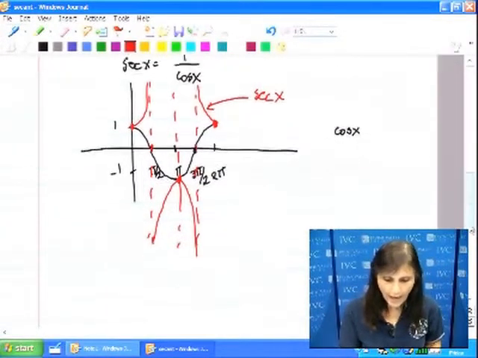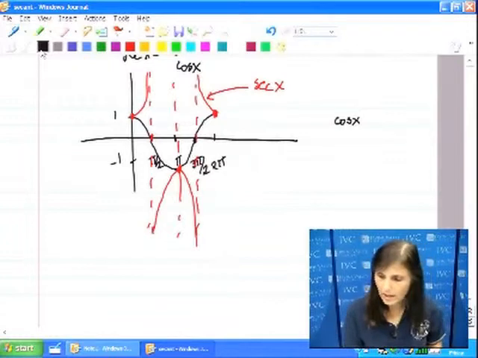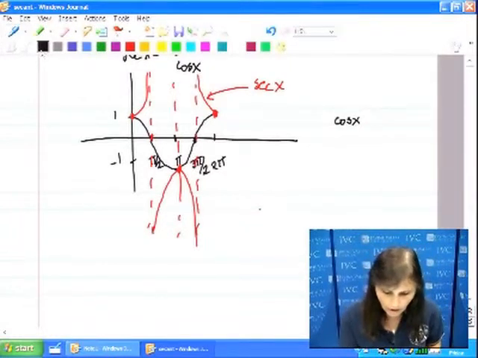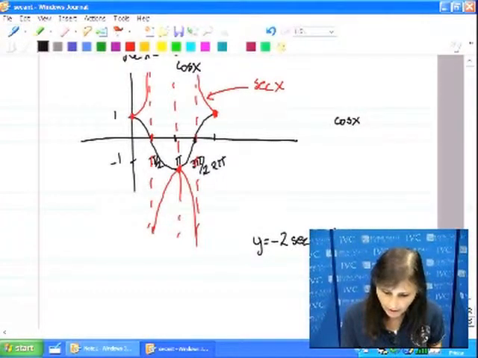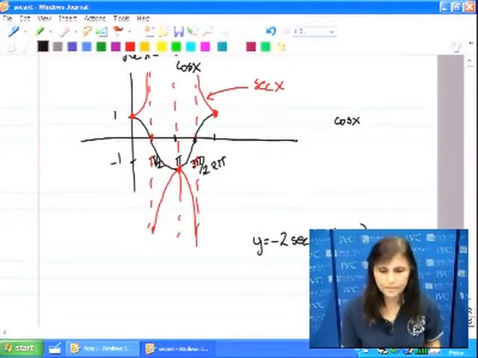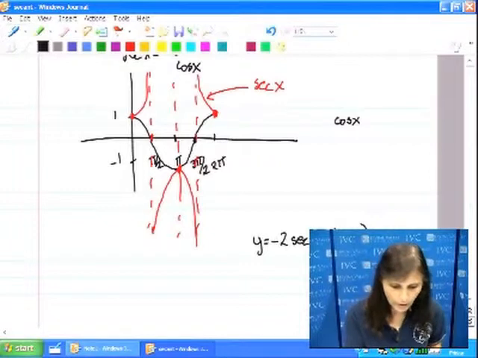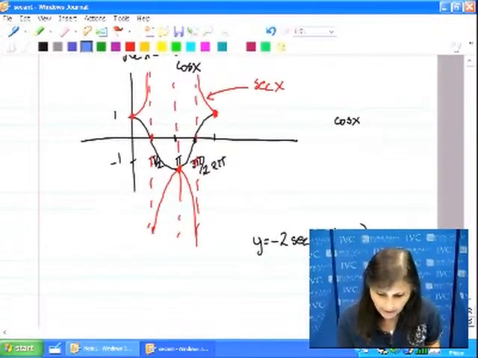Now, let's try to draw this function: y equals negative 2 secant of 1/2 x plus pi, minus 1. Let's look at what it does. I know that the secant has a period of 2 pi.